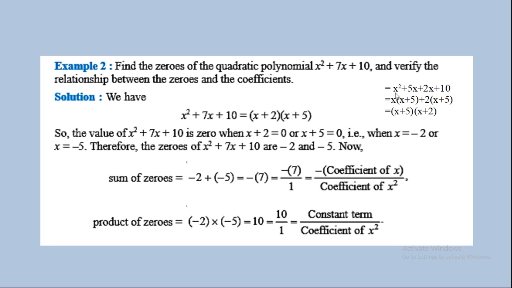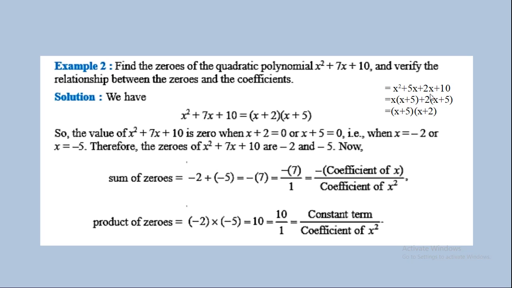Now we take x outside from the first two terms. Taking x from x squared we get x, and from 5x we get 5, so x into x plus 5. From the last two terms we take 2 outside, so we get 2 into x plus 5.